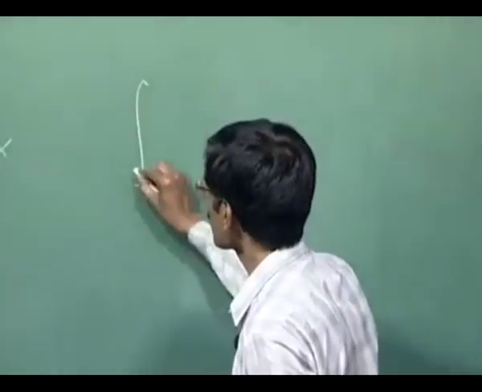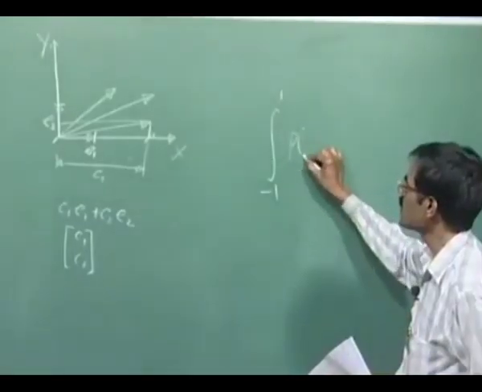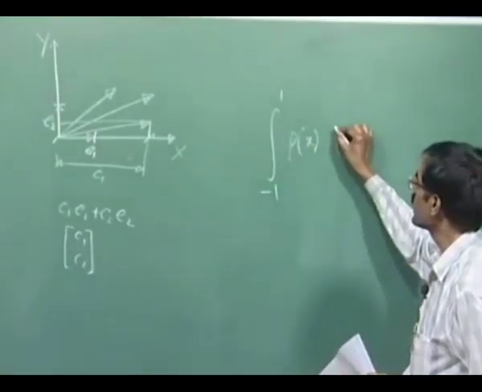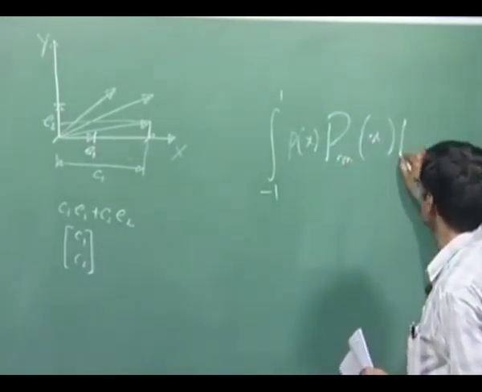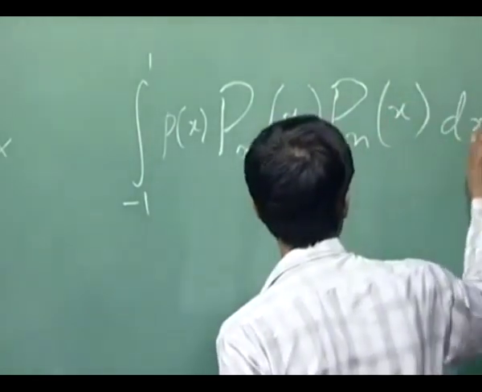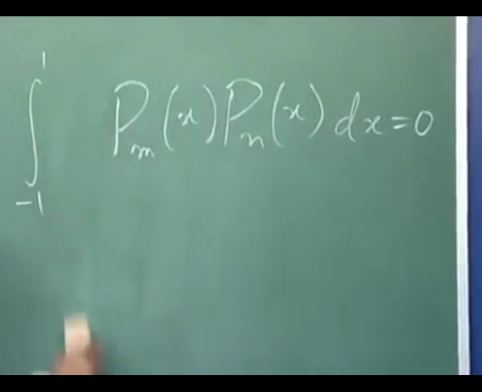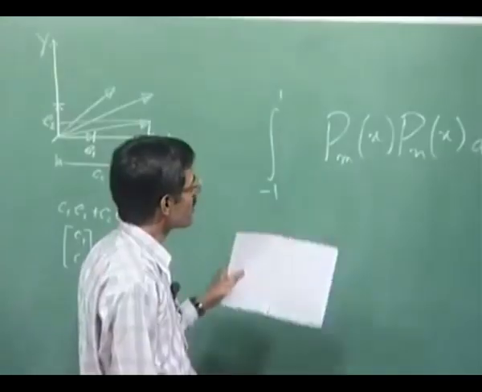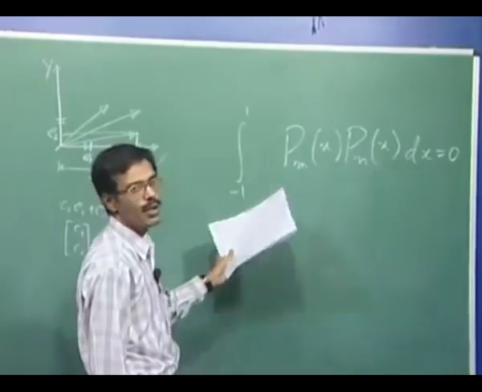That is, this p(x) is unity there, and you have the orthogonality property as simply this. That is, this orthogonality of Legendre polynomials is defined with respect to the unit weight function.